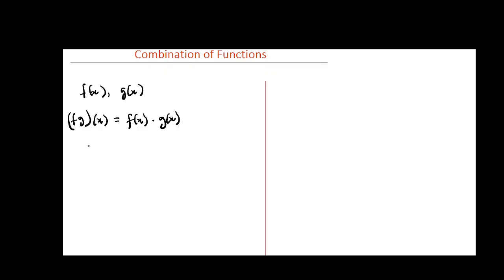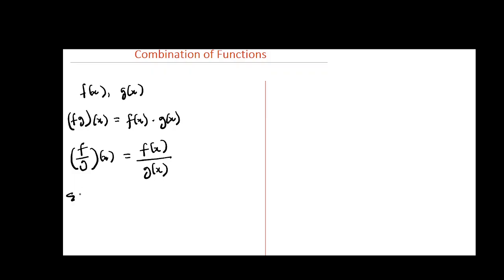The division or quotient of both functions will give us f divided by g of x, which is equal to f of x divided by g of x.